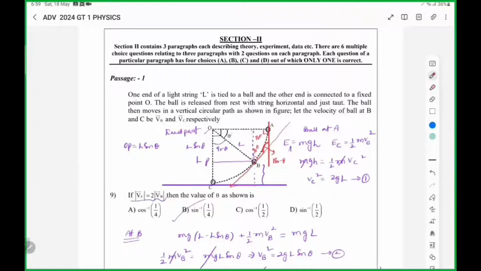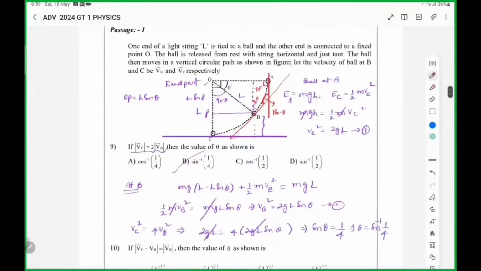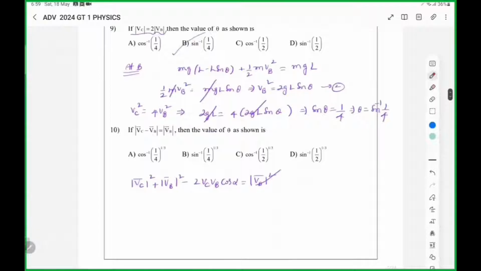So 90, so 180 minus theta. Now here I can write Vc square minus 2 Vc Vb cos alpha, where alpha here is 180 minus theta.